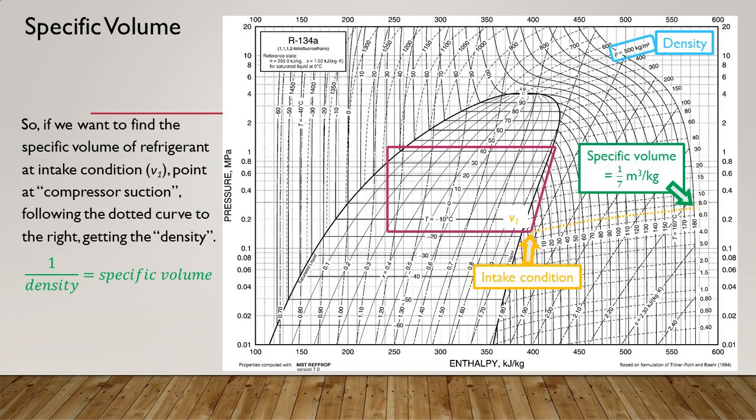So, in the calculations, we need the value of specific volume of refrigerant at intake condition. First, point at the compressor suction, which is the point of T1. Follow the dotted curve to the right, and you can get the value of density. Then specific volume can be obtained by using 1 over density.